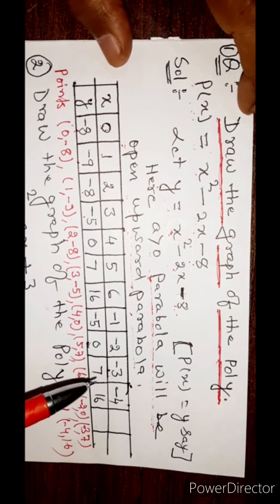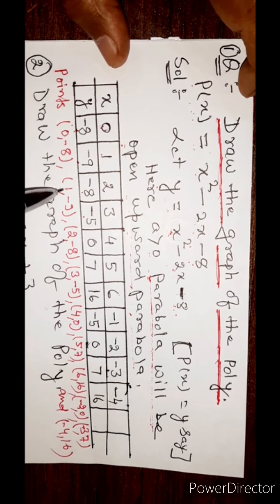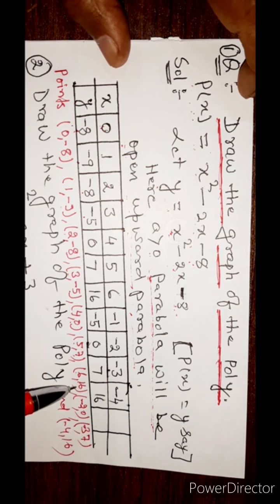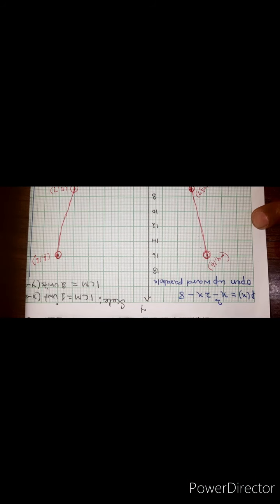Okay, now the points will be 0, -8; 1, -9; 2, -8; 3, -5; 4, 0; 5, 7; 6, 16; -2, 0; -3, 7; and -4, 16. From these given points, now students, we are going to draw a graph.